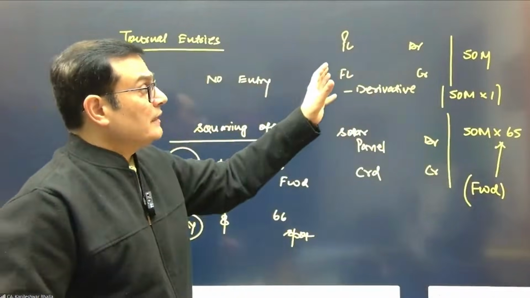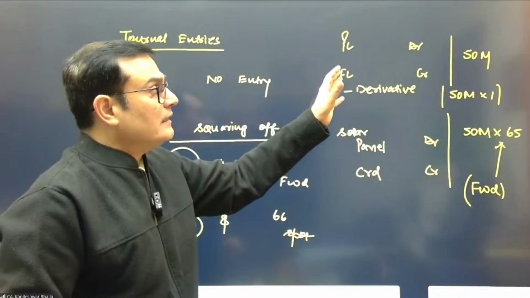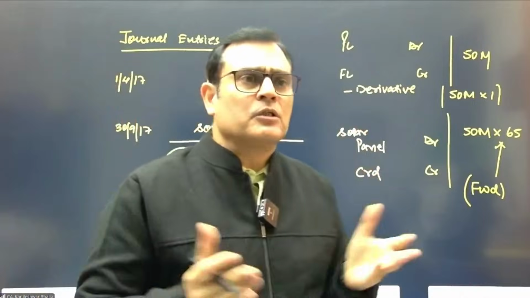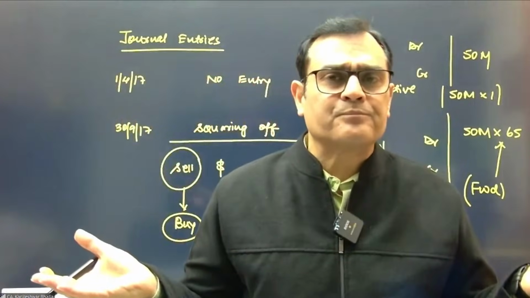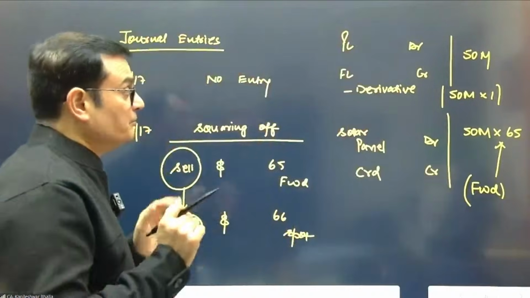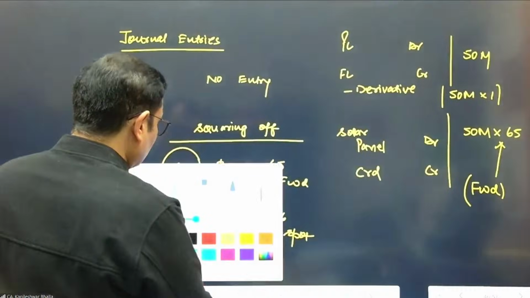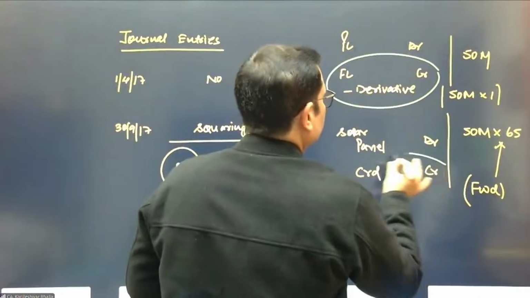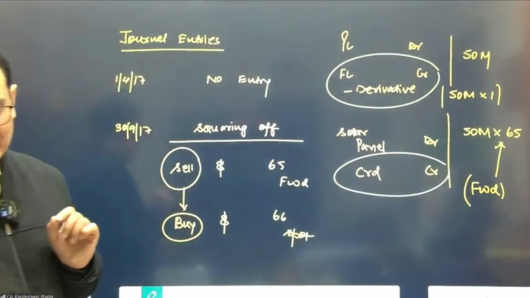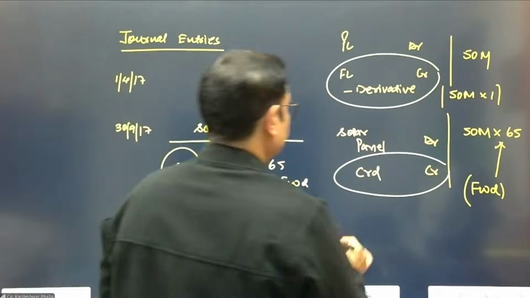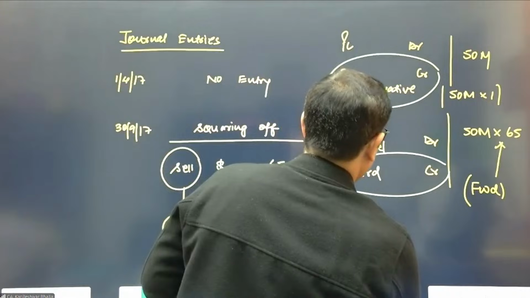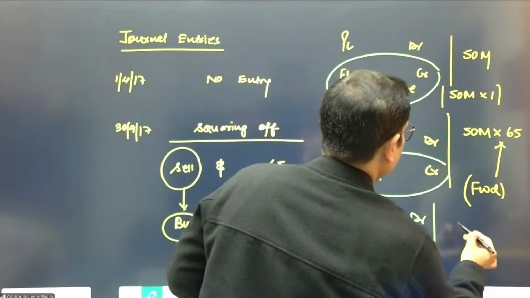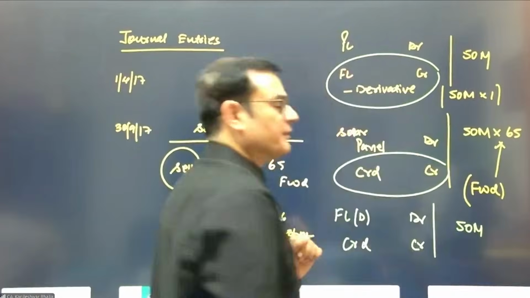So this is a notional entry accounting for a derivative, and then this is a purchase of the panels at a forward rate, though not entered into any forward contract. Now what am I supposed to do? Since there is no derivative contract, this derivative liability and this creditors in this case will get adjusted. So we'll put the entry: the derivative financial liability gets a debit and the creditor gets a credit. So this amount is adjusted in the creditors.